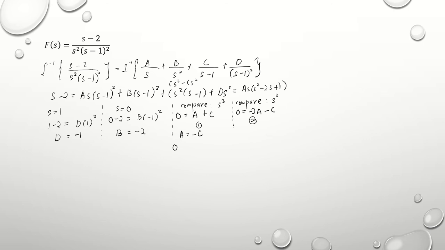So what you have is 0 equal to negative 2 negative C negative C. So negative 2C and positive 2C minus C, you got C, so C equal to 0.